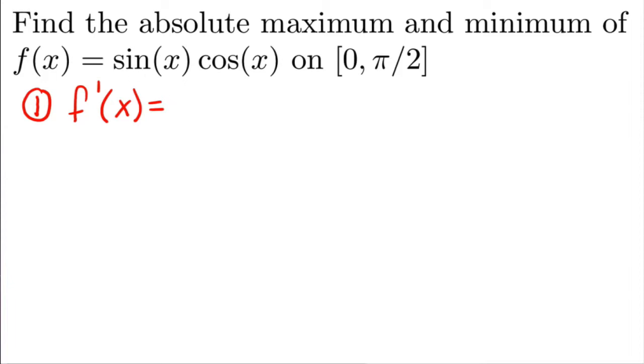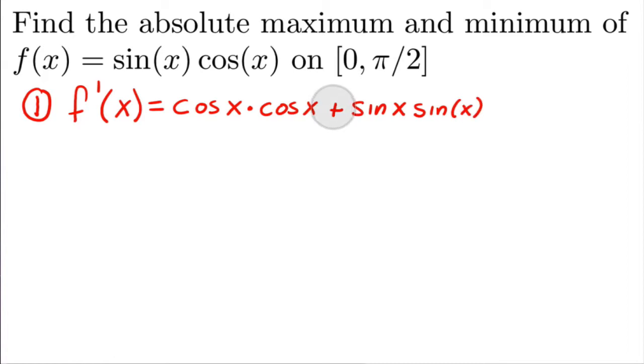So I have the derivative of the first, which is cosine of x, times the second, leaving it alone, cosine of x, plus sine of x times the derivative of cosine, which is negative sine of x. So I'm just going to change this to a minus sign. So this is equal to cosine squared x minus sine squared x.